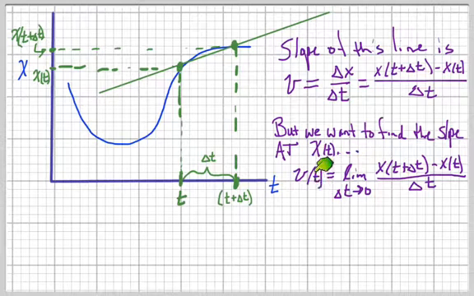That velocity, our v of t, is going to be the limit as our delta t approaches 0 of our slope function. This, by the way, is the definition of the derivative.